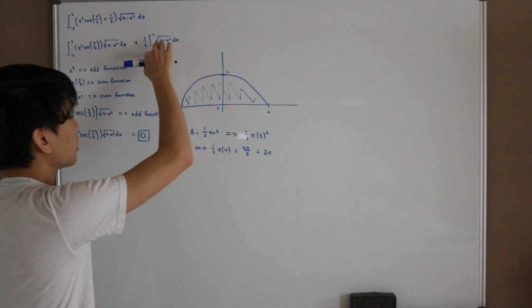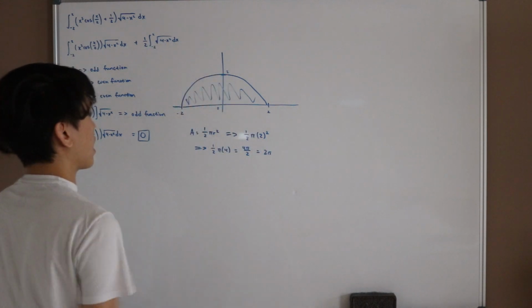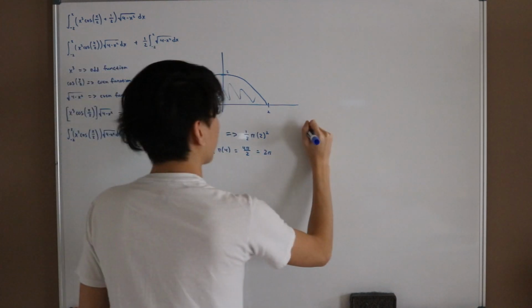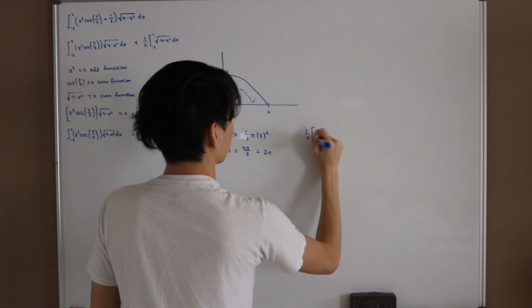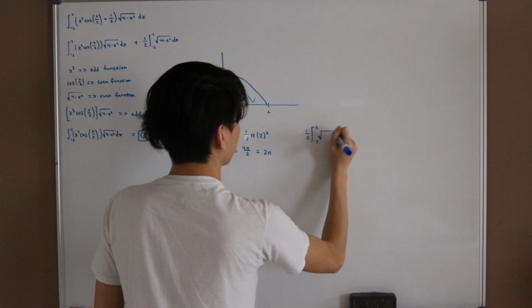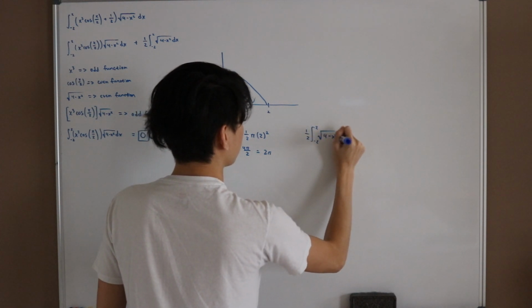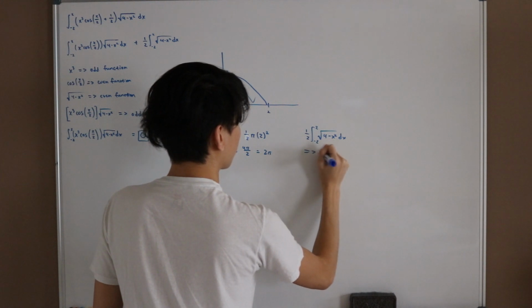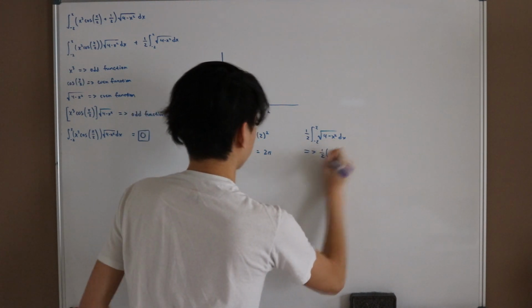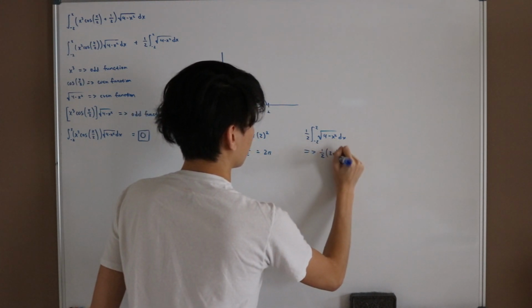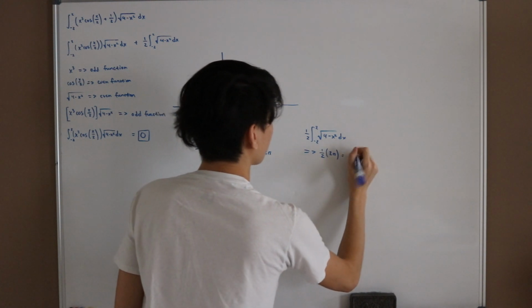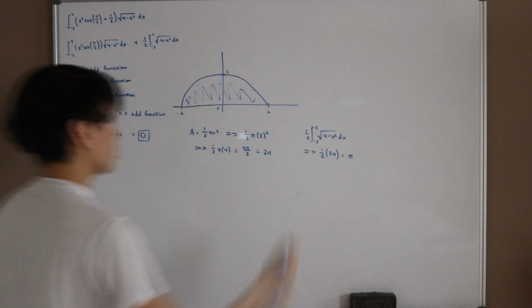And now just don't forget to multiply by the 1/2. So 1/2 times the integral, I'm just going to rewrite this integral again, dx, is equal to 1/2 times 2 pi, and then it's equal to pi.